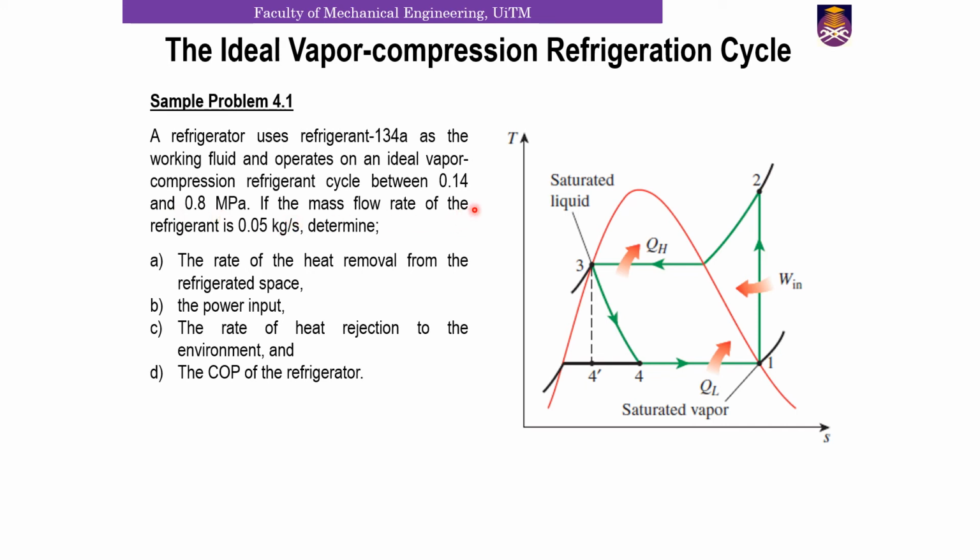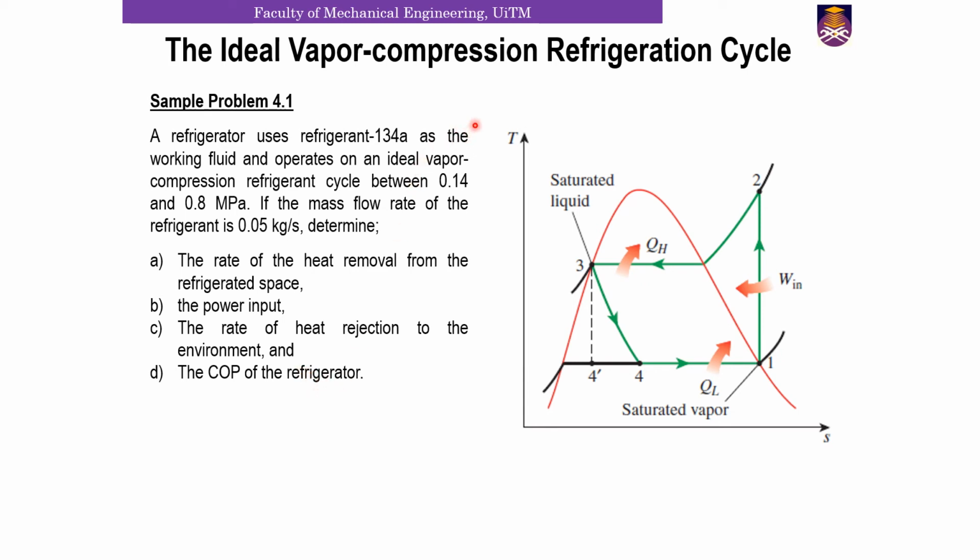If the mass flow rate of the refrigerant is 0.05 kilogram per second, you are asked to determine these four parameters: the rate of heat removal, which is QL, the power input W in, the rate of heat rejection to the environment, which is your QH, and the COP of the refrigerator.